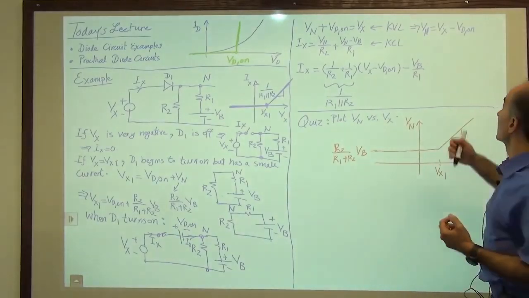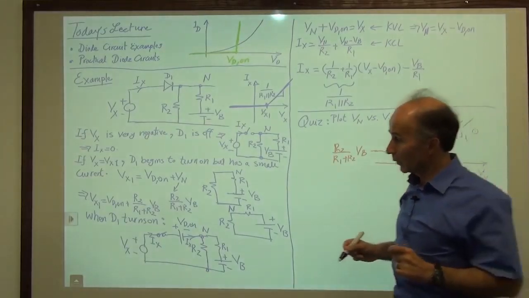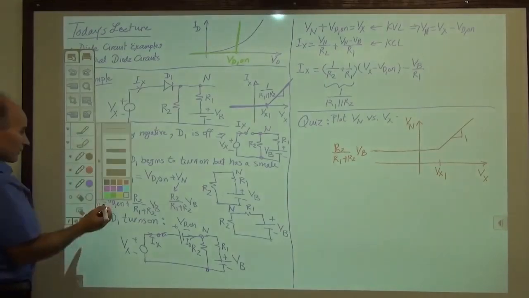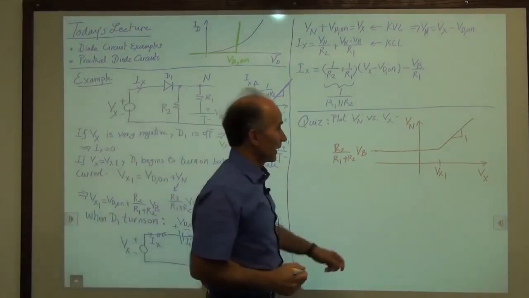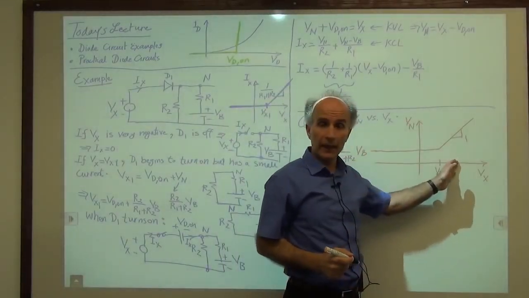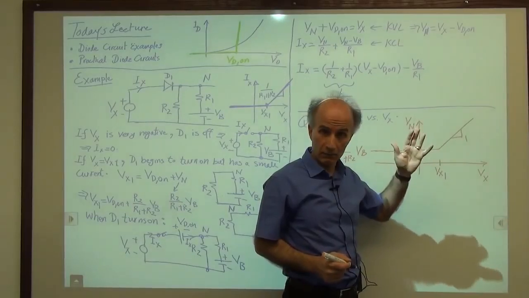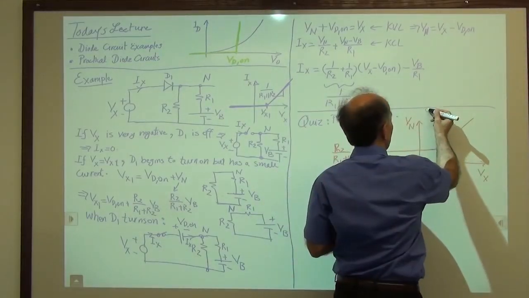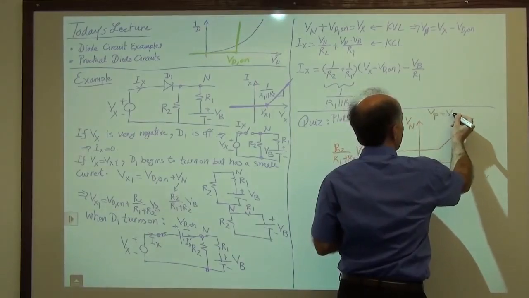Now, to visualize what's happening with this minus Vd on, I would like to plot one more quantity here. So let me change the color to maybe black. So let's plot on this plane also another line, which is Vp equal to Vx.